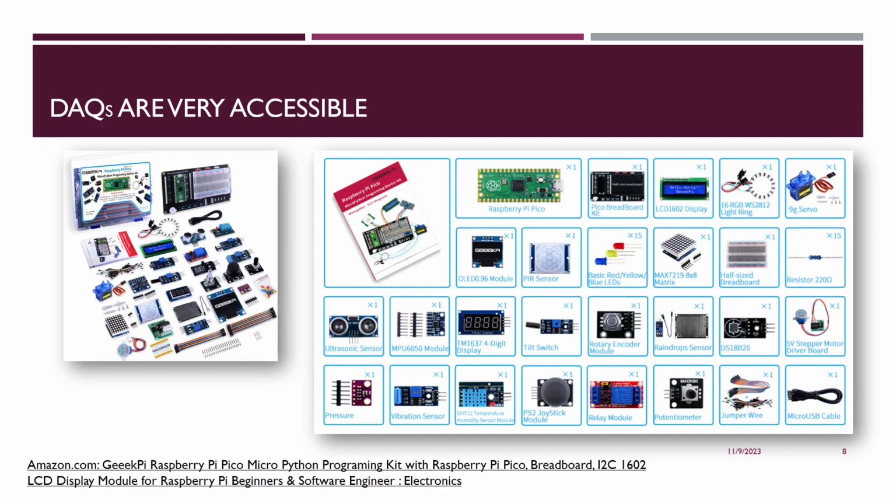But they also understand DAQs, data acquisition systems, pretty early too, within their first year. So these are very, very accessible. And even though I showed you a lot of stuff from a higher level, these are accessible frameworks to build in home labs, so to speak.